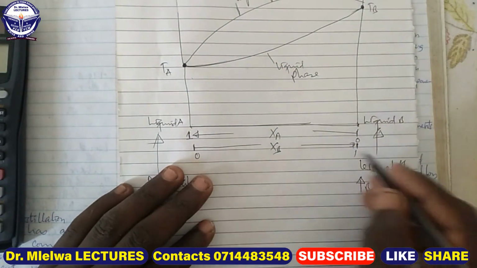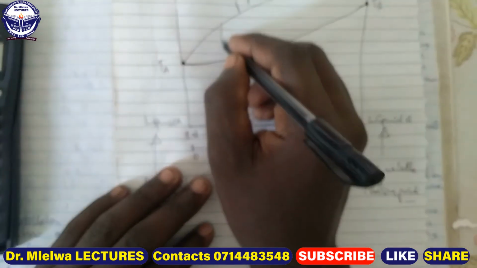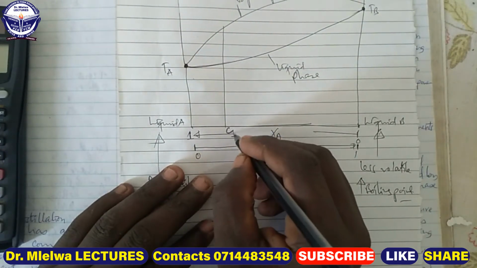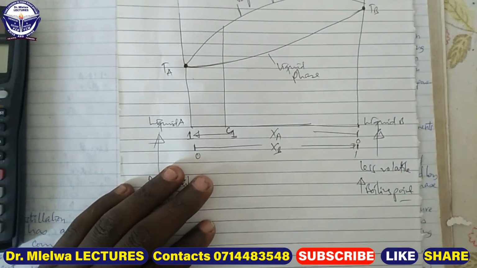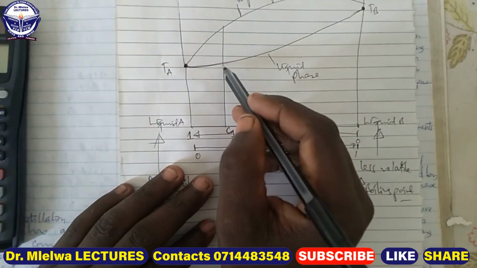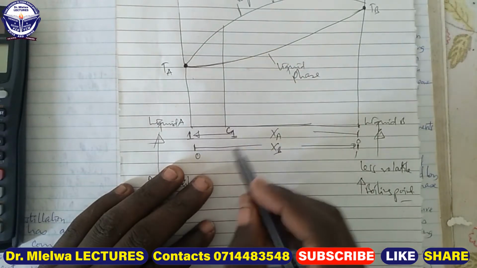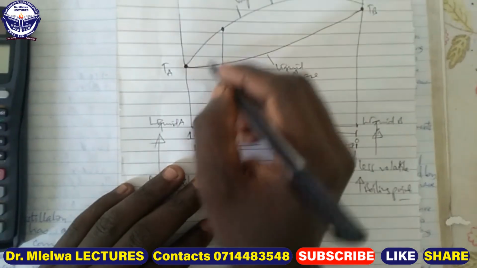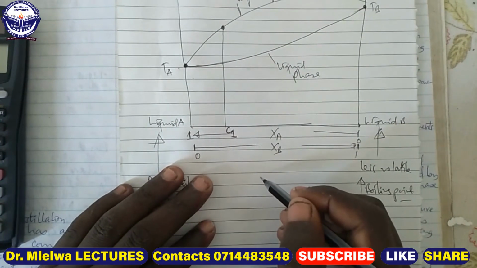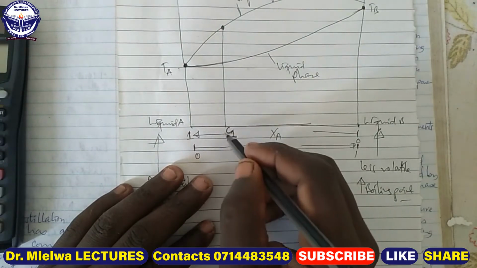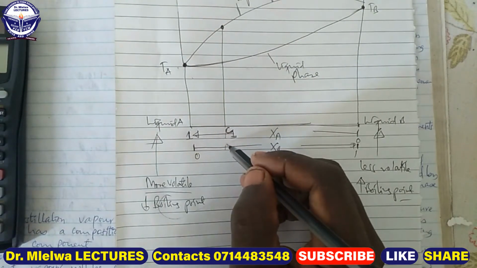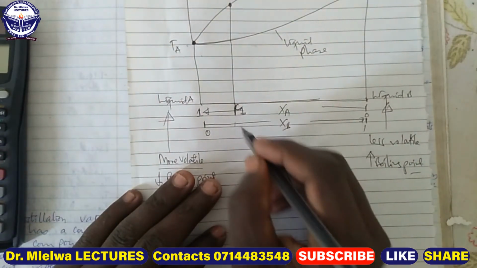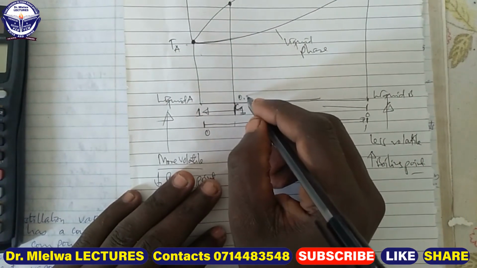For example, if we take this concentration, let's call it C1, what will be observed is that we will have a higher concentration of A in the vapor phase. Why? It is because A has a lower boiling point. And if we have a higher concentration of A in the vapor phase, that means we have a lower concentration of A in the liquid phase.